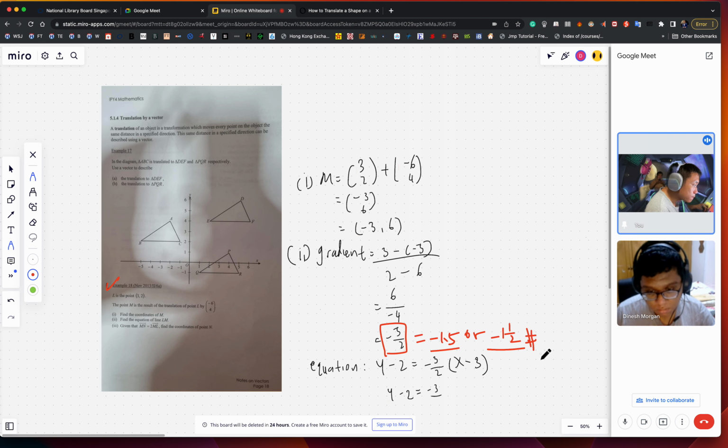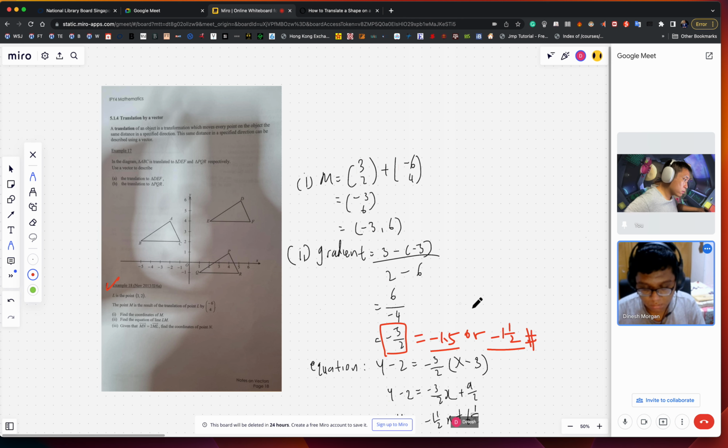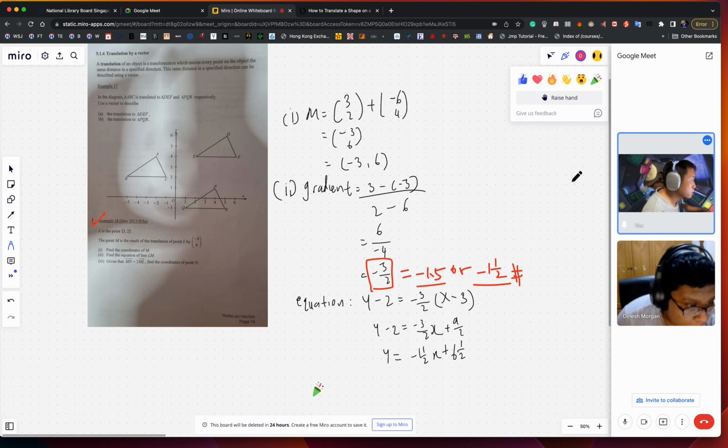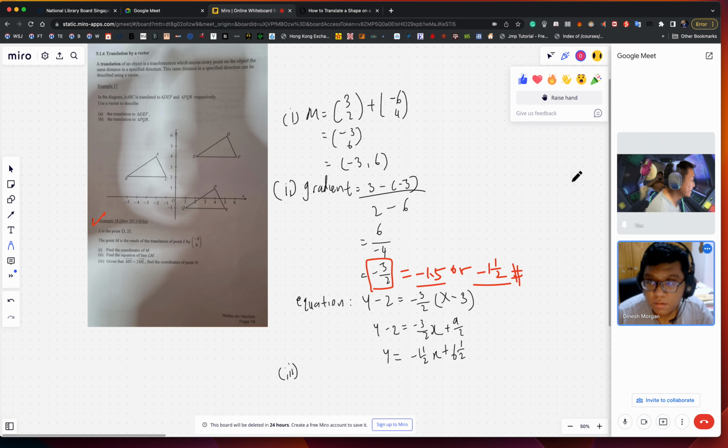Equation. Yeah. Yep, good. Then still quite boring, yeah. What's that? Which one?